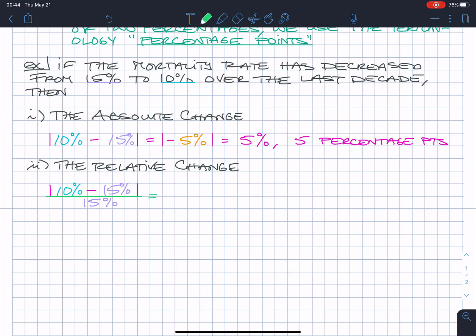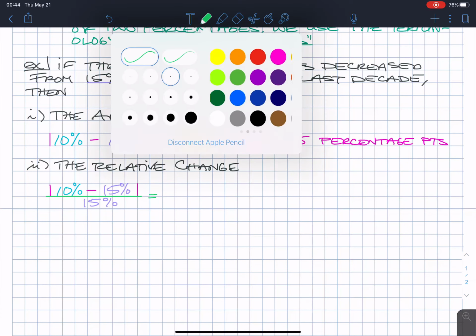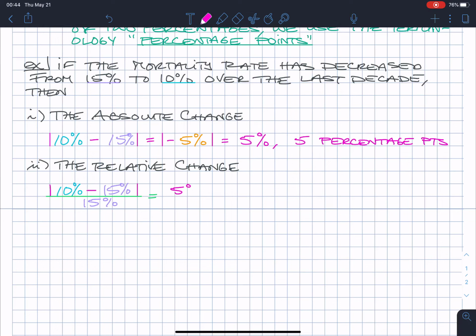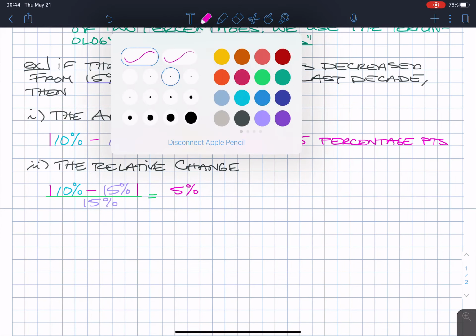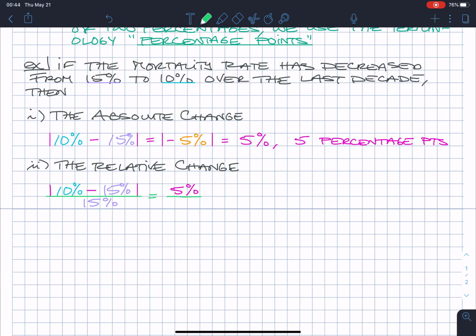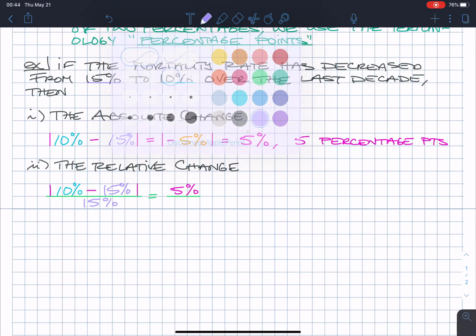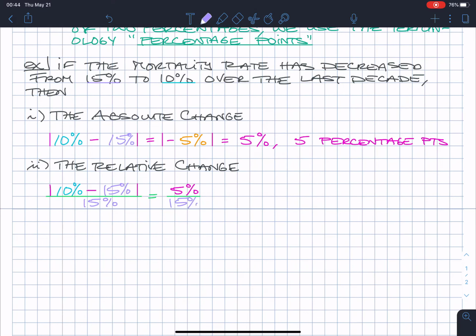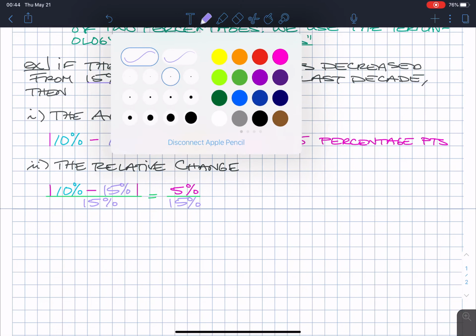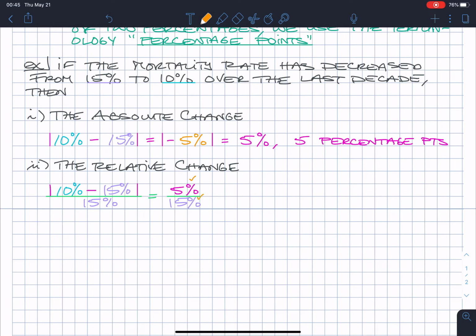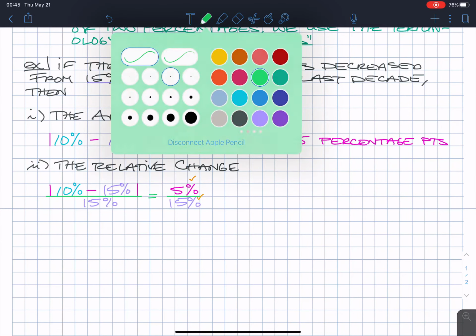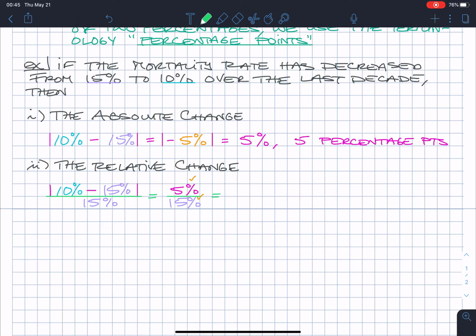So we have the 5% that we got from above, and we divide that by the starting percentage, 15%. Now my percentage symbols can reduce, and 5 goes into 15 3 times. So this is 1/3.